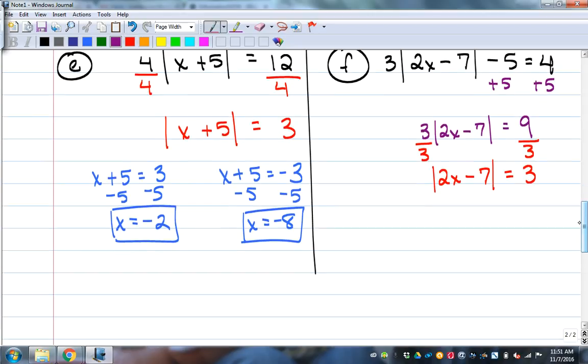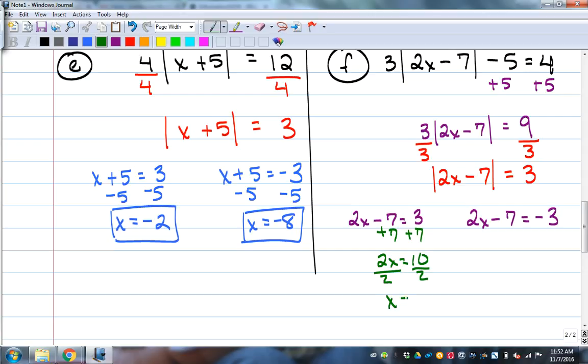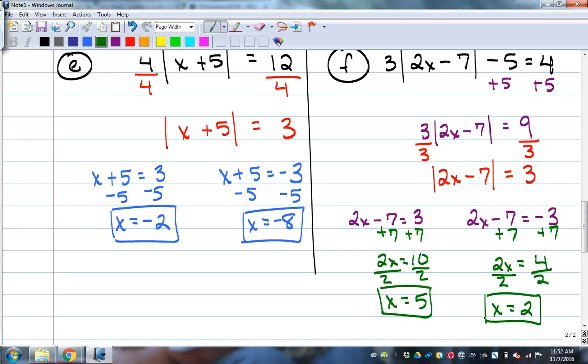What are the equations? 2x minus 7 equals 3 and 2x minus 7 equals -3. Now solve each of those. 5 and 2 as solutions to that absolute value equation.